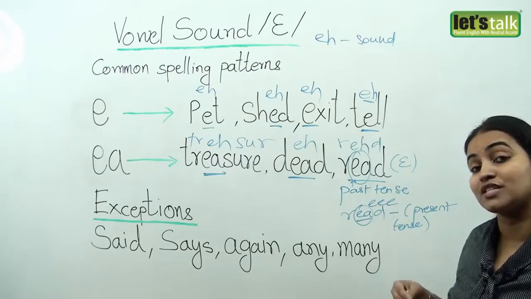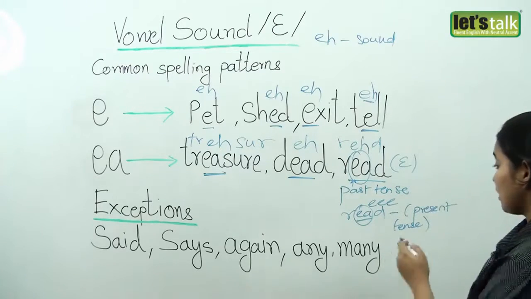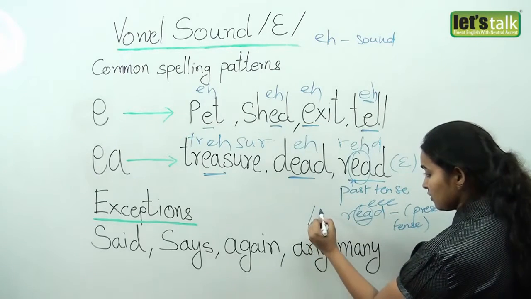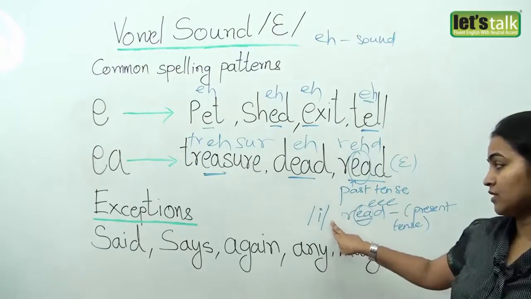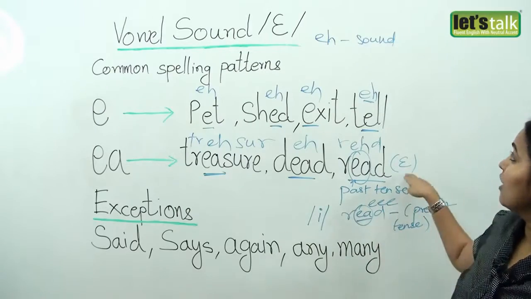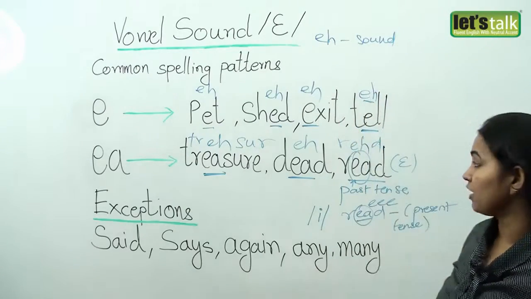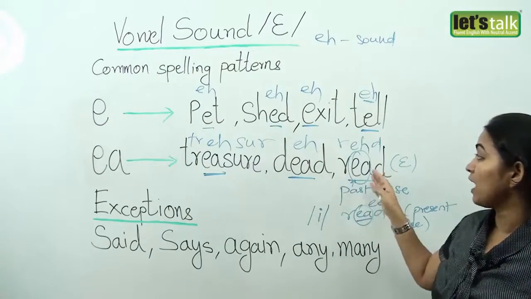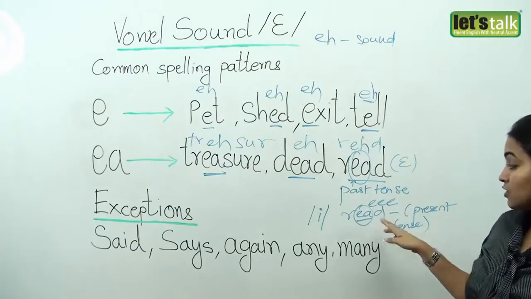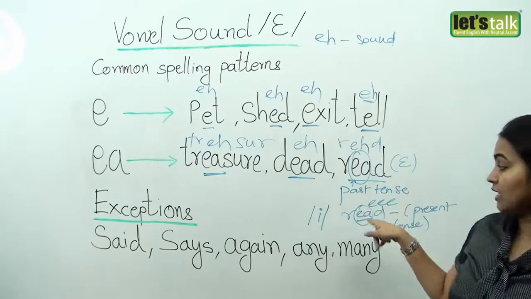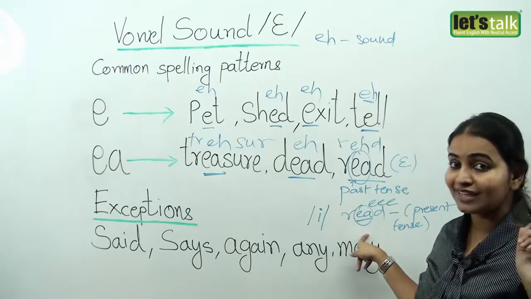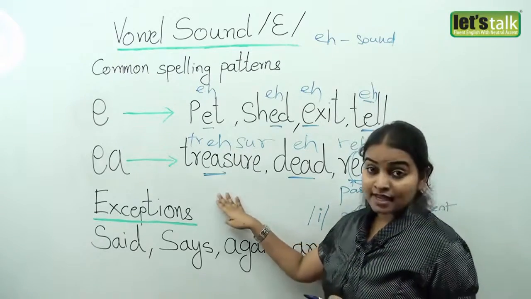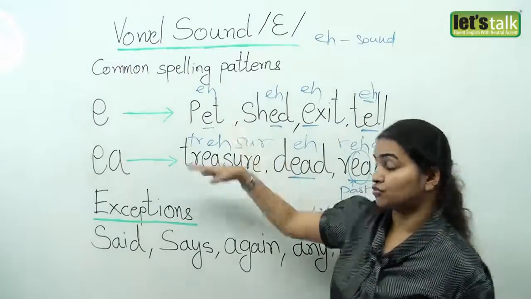And the long E symbolizes this. So this is the symbol for the long E, and this is your short E. Okay, so we have treasure, we have dead, and we have read. Only the present tense for read is the long E, but otherwise it is the short E.